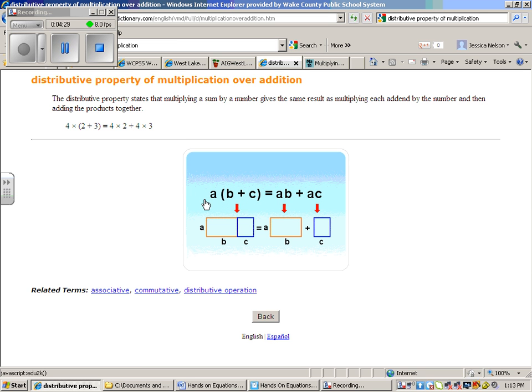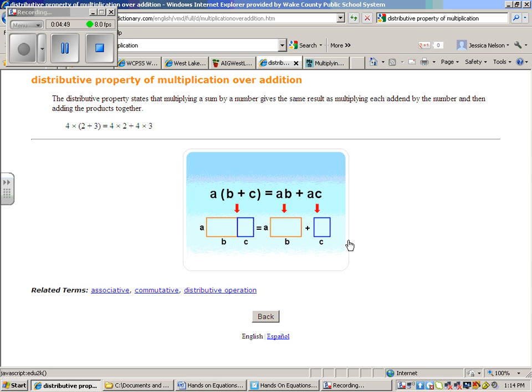So if we had the equation A, remember this is an understood multiplication right here, A times B plus C, that is the same as saying A times B plus A times C.